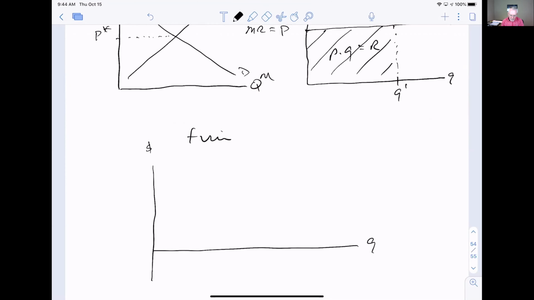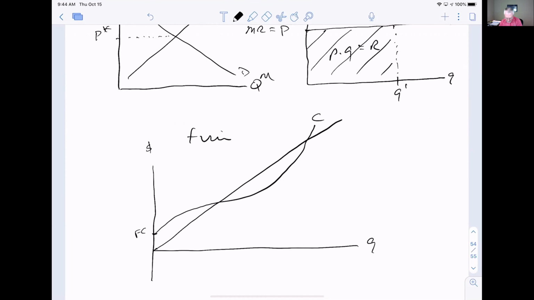The firm might have fixed costs, and here's the firm's total cost function. It looks like that. So here's cost. Well, what's revenue going to look like? Revenue is going to look like P times Q, which is just a linear curve. So this is R, and the slope here is P. This is the market price. All right, and that's what the firm takes.